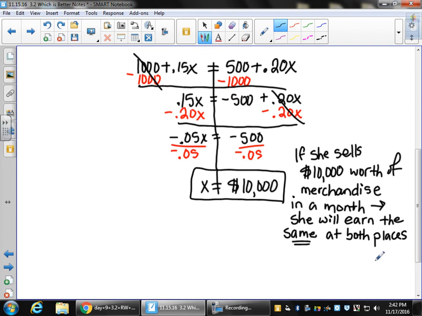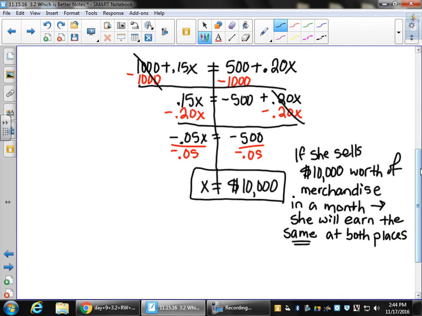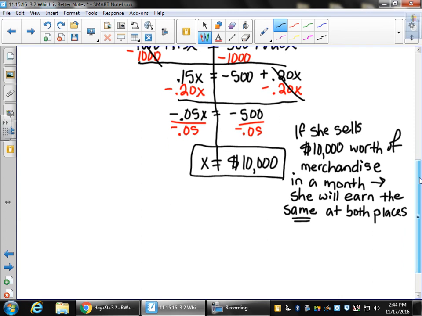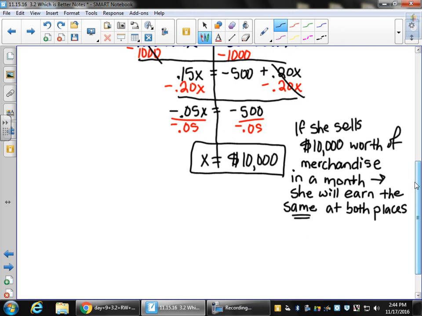So we have found the sales amount, how much she has to sell to make the same amount at each place. Now that we know how much sales she needs to have in a month, that it doesn't matter where she works, we can now choose a sales amount less or more than this to be able to give her advice.